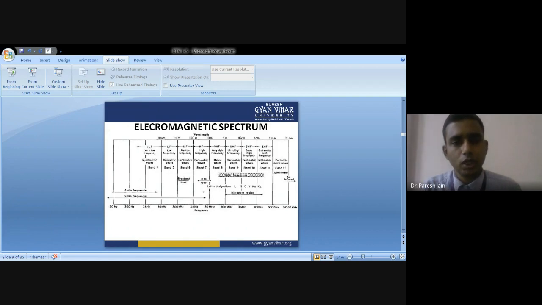The range resolution is a function of the pulse length, which is c into tau upon 2. So the range resolution is 3 into 10 to the power 8 into 1 into 10 to the power minus 6 by 2, and we find the value 150 meters. Since the boats are 100 meters apart, which is less than the resolution of 150 meters, the radar cannot detect the boats as two separate targets.